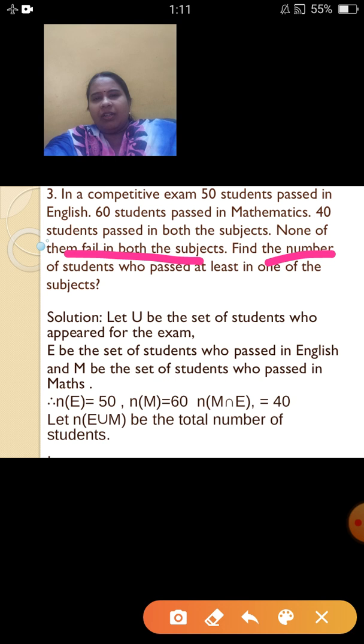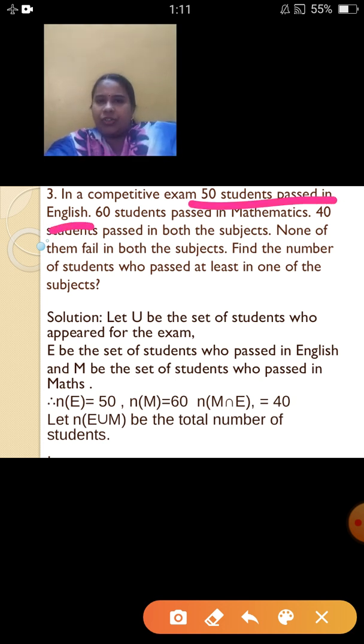What does it mean? That whatever is the total number of students given, there is nothing which will be there in the universal set. Everyone is included. None of them are failing in both the subjects. Correct? Now let us see how it can be done. So first step is start the sum from here. 50 students passed in English, 60 students in maths, 40 students passed in both the subjects.